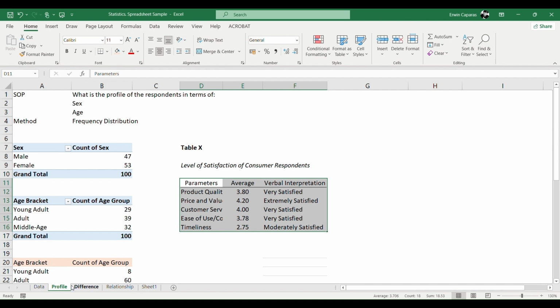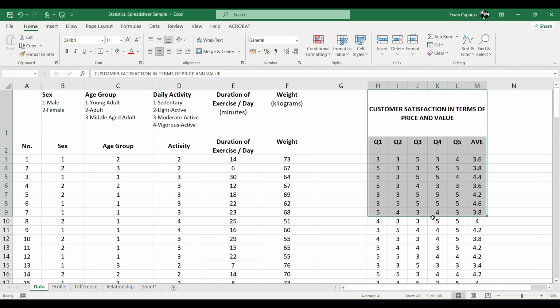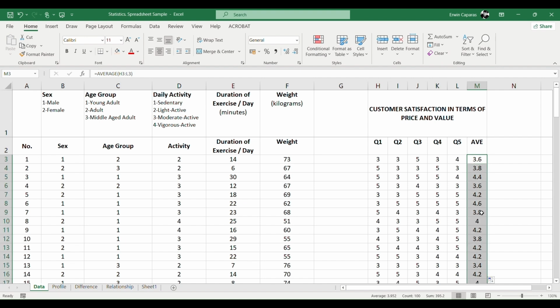What if we would like to present the result of the customer satisfaction in terms of price and value? What we need is only the average. How do we get this average? We have it is equal to the average of the values of question numbers 1 to 5, and then we click OK, and then we drag and drop here.